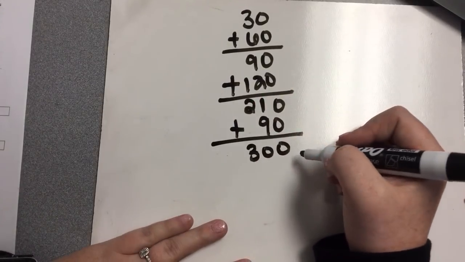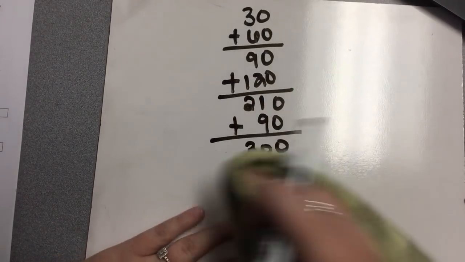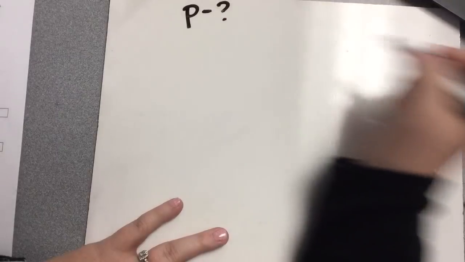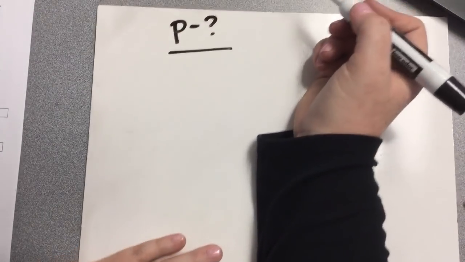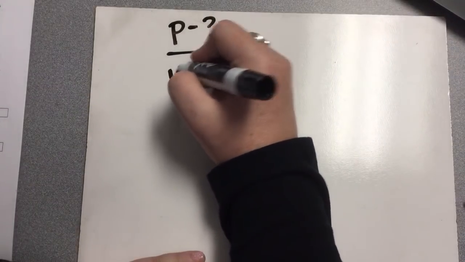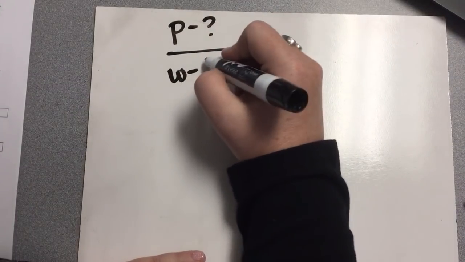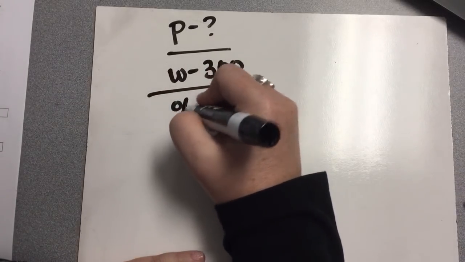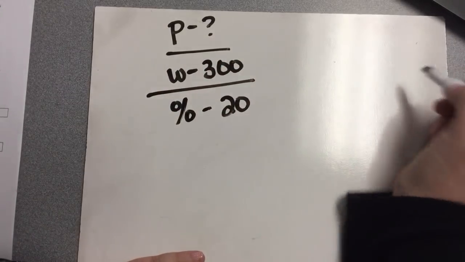So we have 300 total students at her school. So my part is what we're looking for. We don't know the part, because they want to know which one is 20%. So then our whole is the total number of students. We said the total number of students was 300. And then the percent, it's 20%.